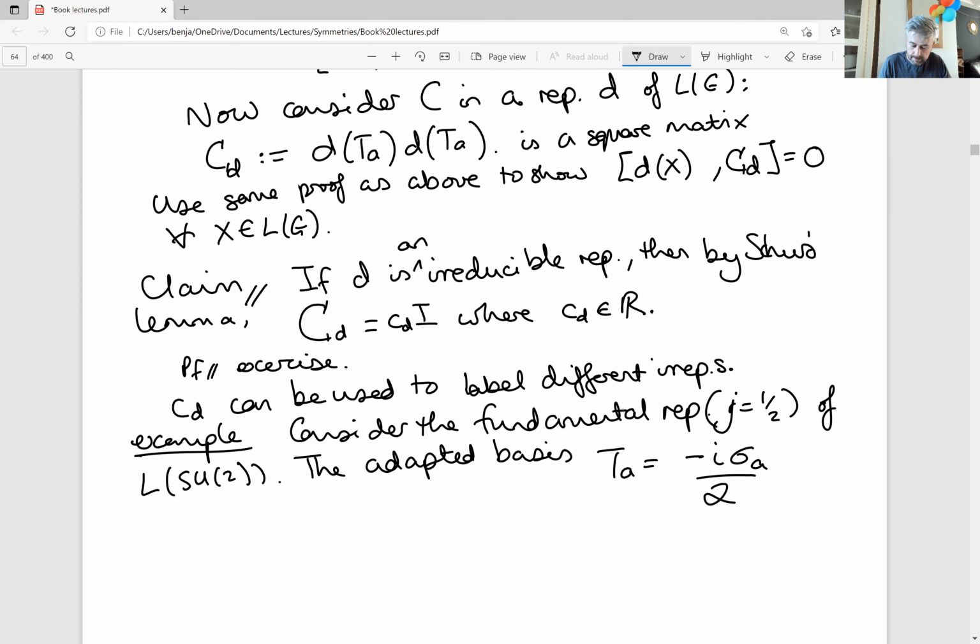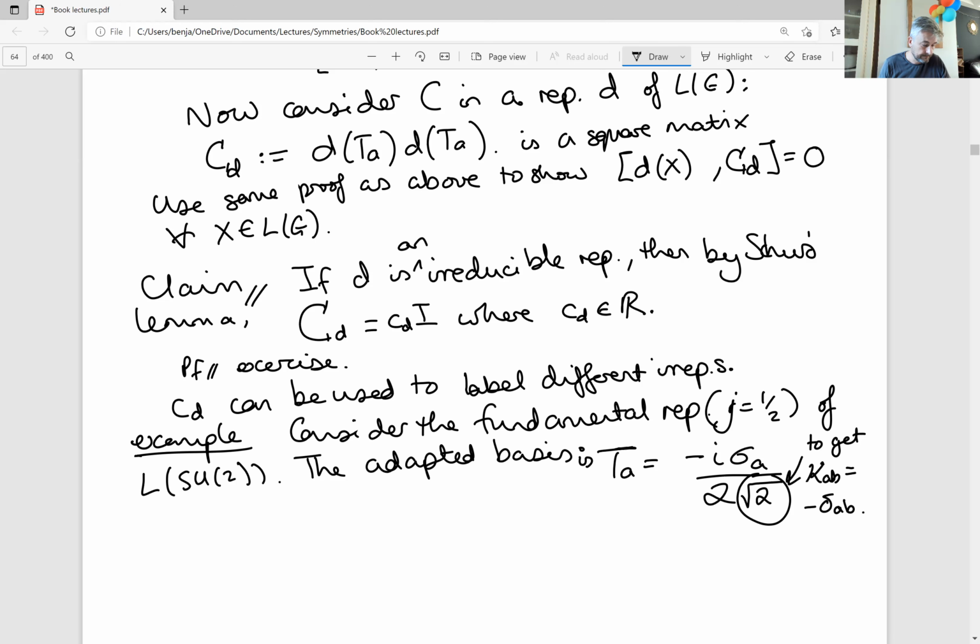And normally we have this, but we put an extra square root of 2 in the denominator, and that's to get kappa_AB equal to minus delta_AB, which is what we need for this definition of the Casimir.